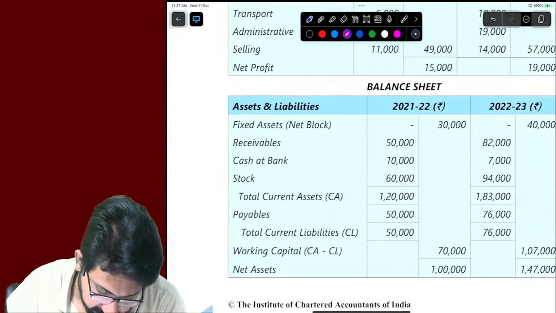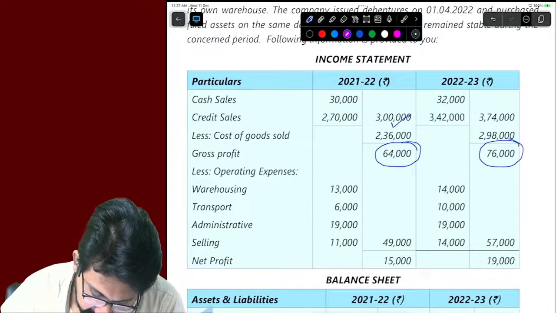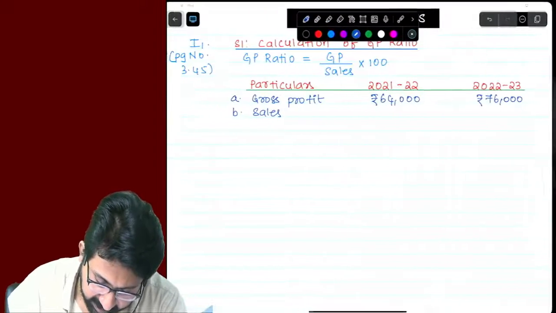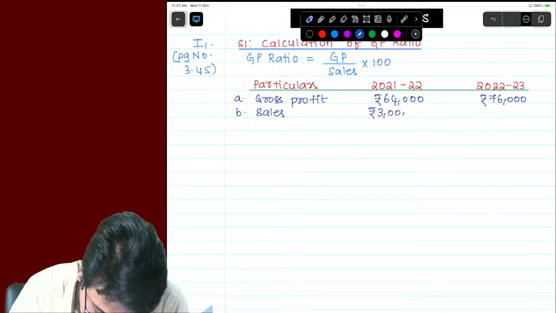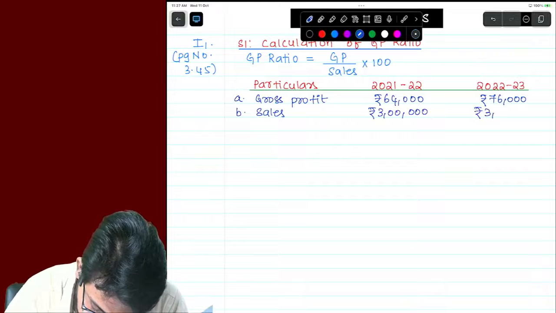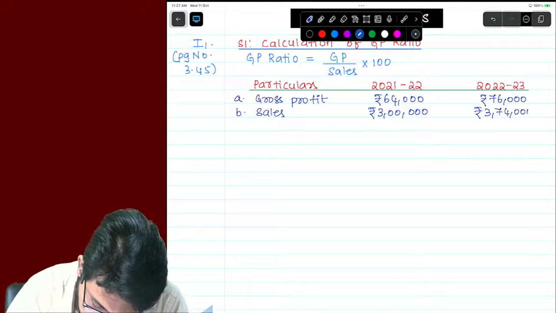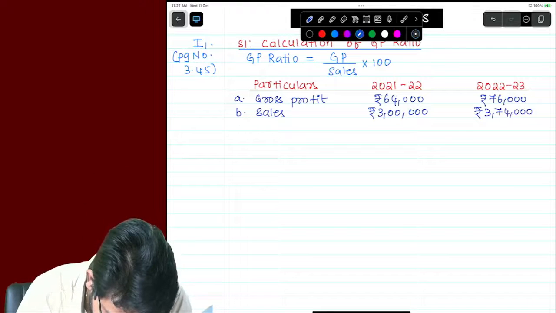See the question and tell. What is the sales in the previous year? 3 lakh. Next year how much? 3,74,000.